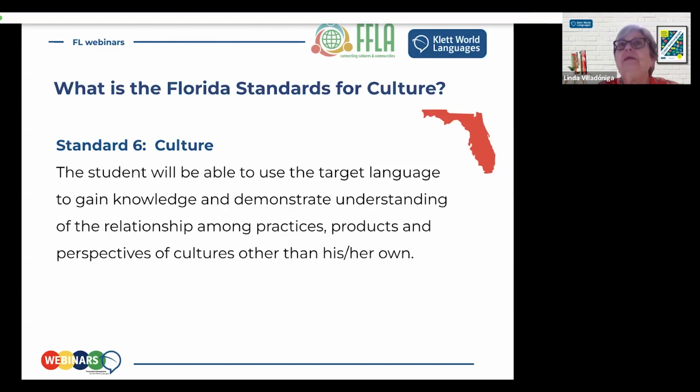So just from my viewpoint, the more cultural aspects you can give a student, the better. And also the more comparisons and connections you can make with the students, the better. So if you have a class full of students that are from various countries or various backgrounds, then always try to bring their culture into the conversation so that they can see how the culture that you're teaching them, the Hispanic culture, in this case, is similar to their culture, whatever it is.